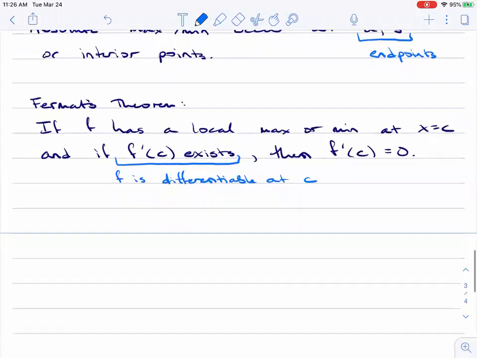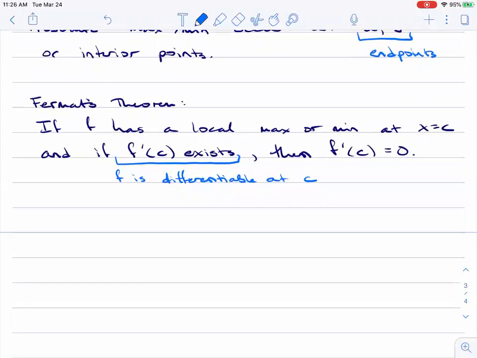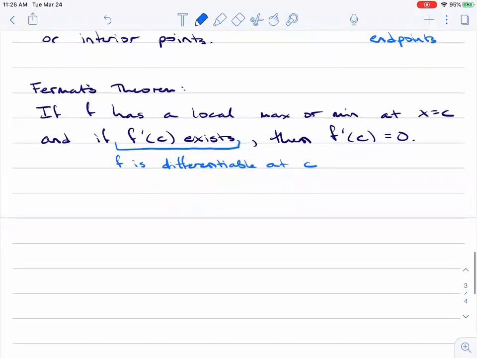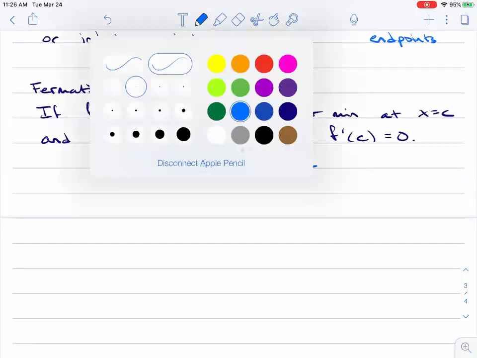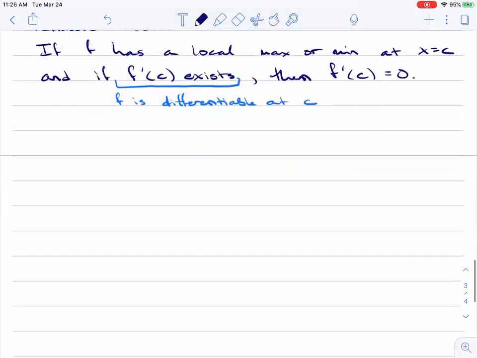So if f has a local max or min at x equals c, and if the derivative exists, then the derivative must be 0, which we've seen.